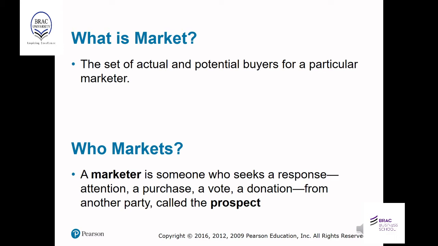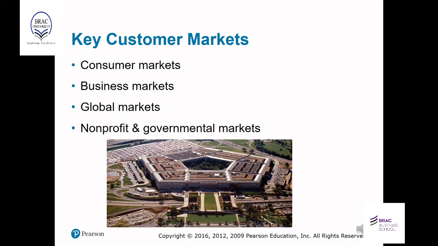And in the real world, you can see different patterns of marketers. Or in other terms, we can say that there are different patterns of customers, so the marketers are different. So let's see what the different patterns of markets are. There are 4 basic patterns of markets.